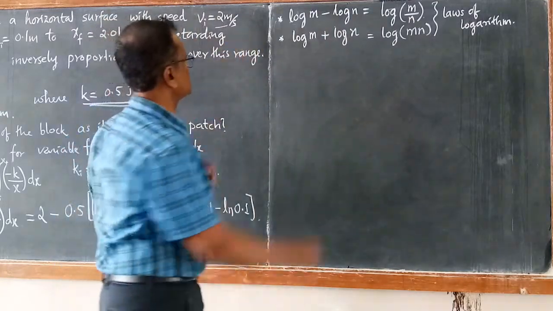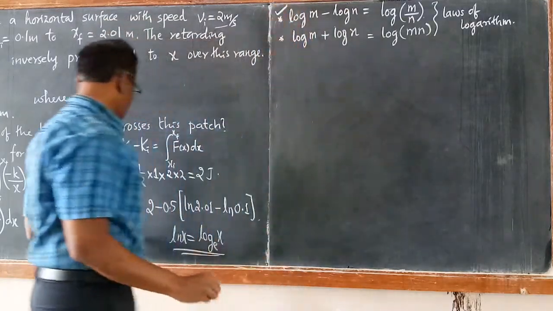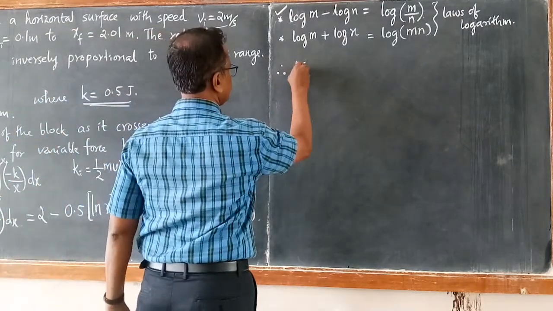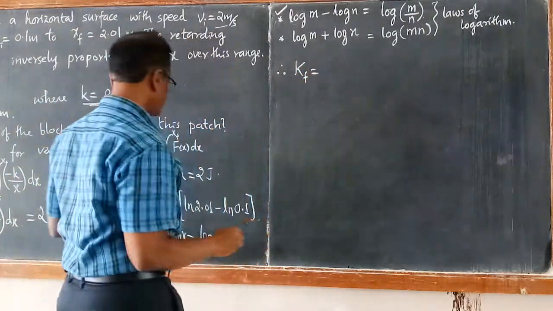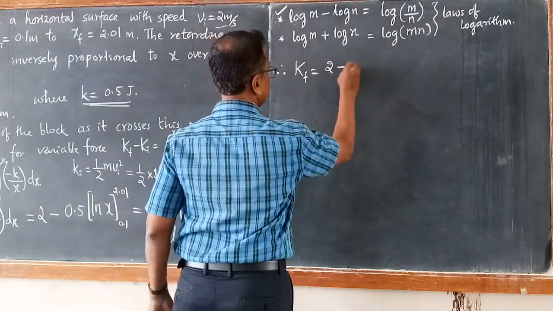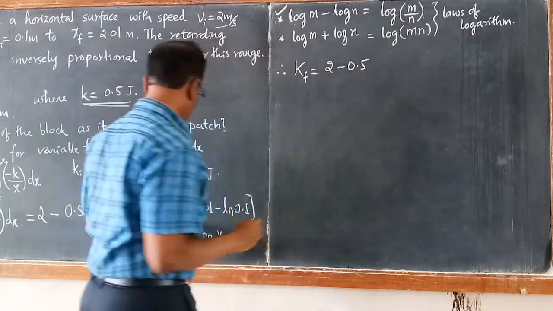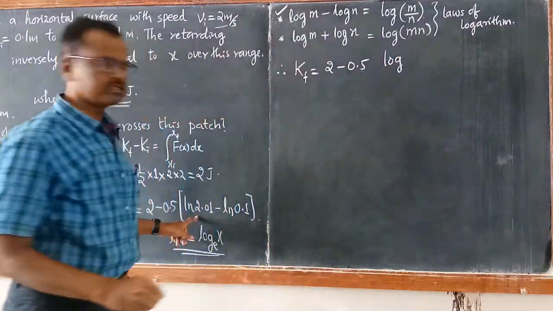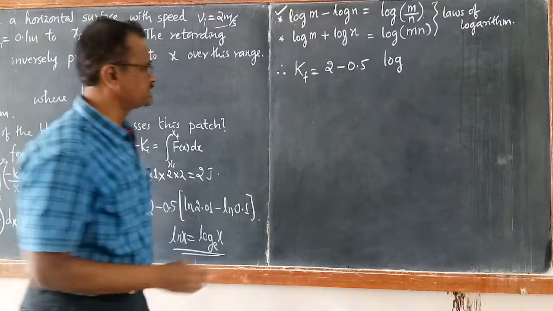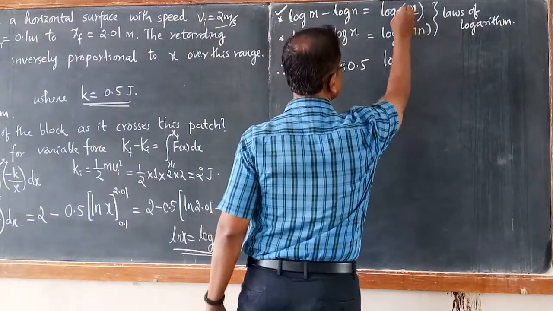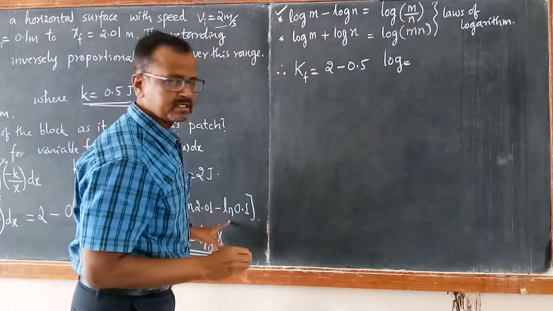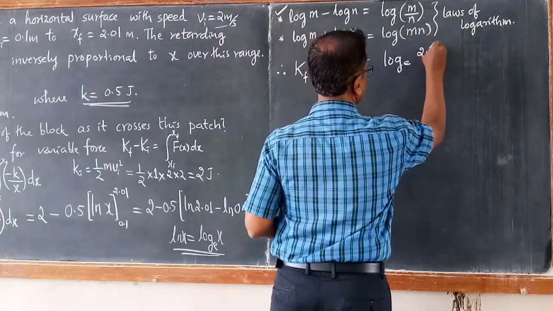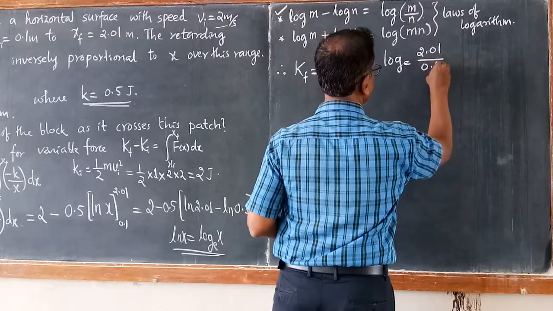So using this above result, I can write the same step as, therefore Kf is equal to 2 minus 0.5 log of natural log. I am writing it as log to the base e. So using this result, 2.01 minus log of 0.1 becomes 2.01 divided by 0.1.